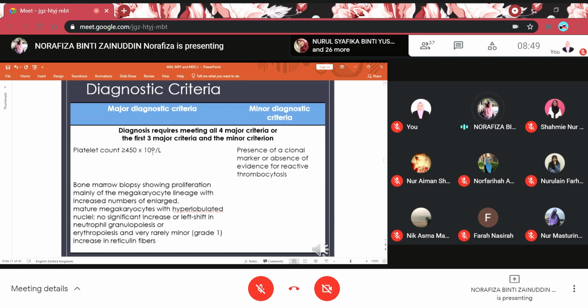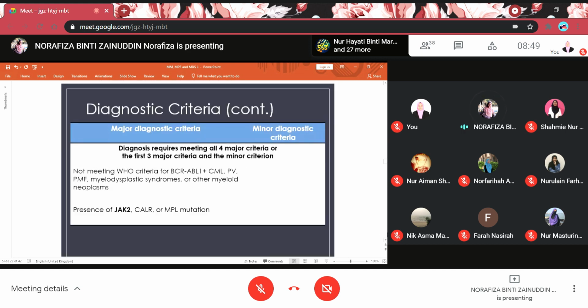Okay. And bone marrow biopsy showing proliferation of megakaryocyte lineage. So this is not surprising because there is overproduction of megakaryocytes in ET patients' blood, and the megakaryocytes are mature, they have hyperlobulated nuclei, and there is no significant granulopoiesis or erythropoiesis, and very rarely a minor grade 1 increase in reticulin fibers.